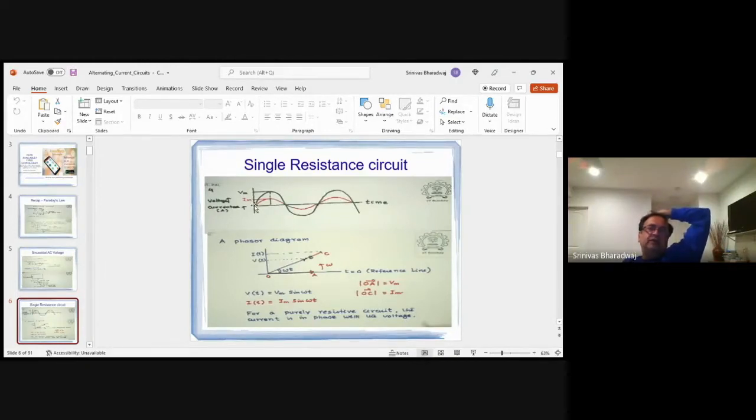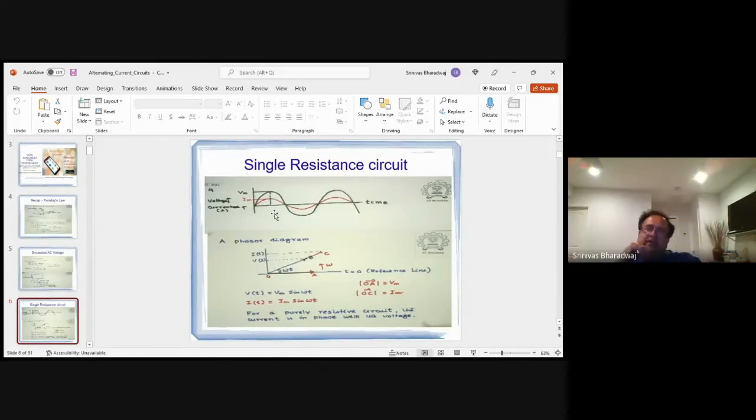If the voltage is sine omega t, the current will be cos omega t. In one case minus cos omega t, the other case plus cos omega t. In one case you integrate, the other case you differentiate. So one goes forward in phase, the other goes backward in phase.